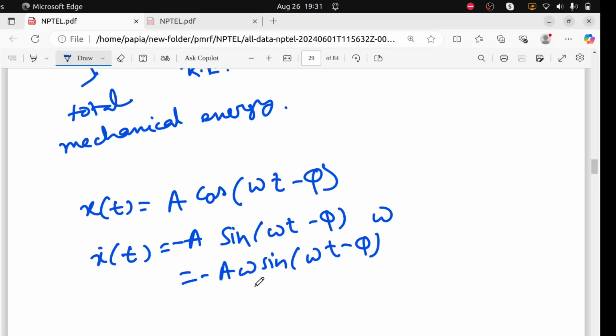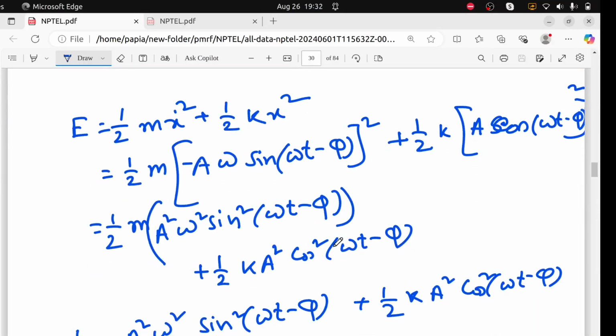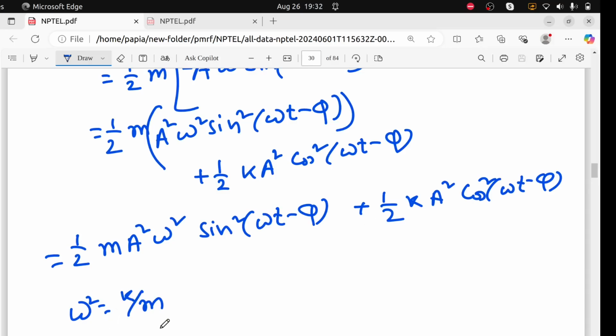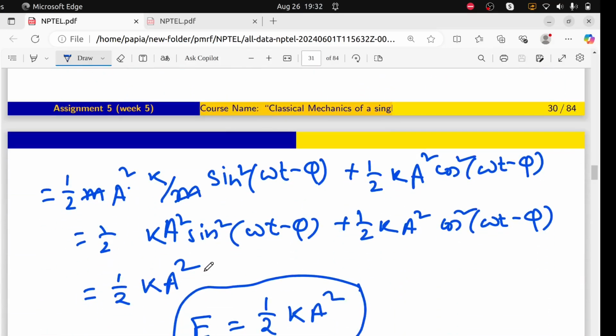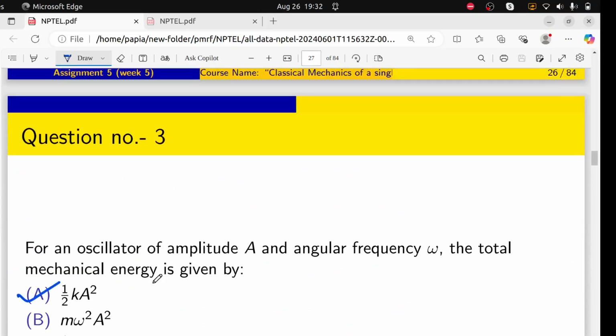So x dot t is, we will write simply this, and we will get this. Then omega square equals to k by m. We will convert omega square as k by m. So we will put all the things in terms of k and a. Then we are getting that equals to half kx square. So that means this one.